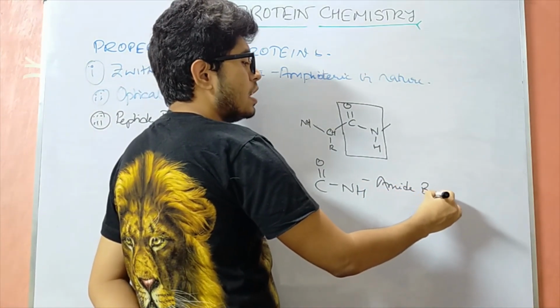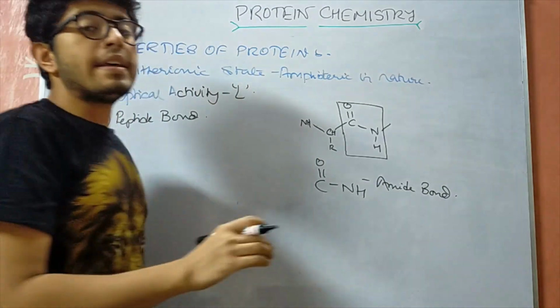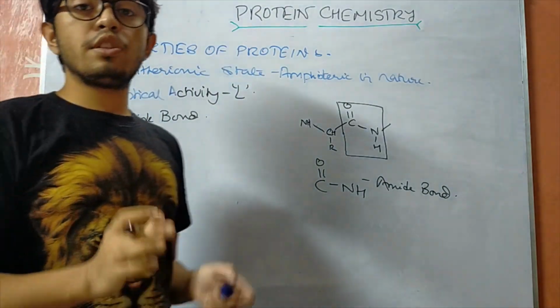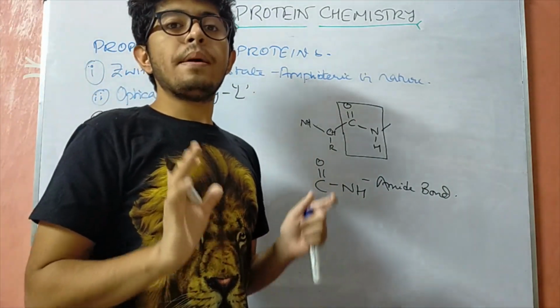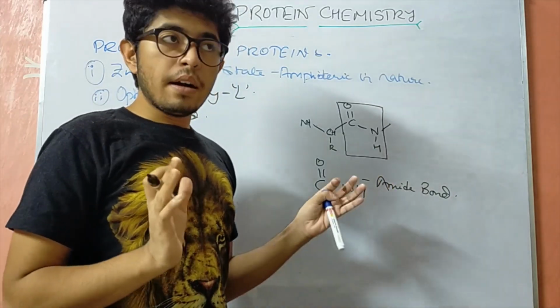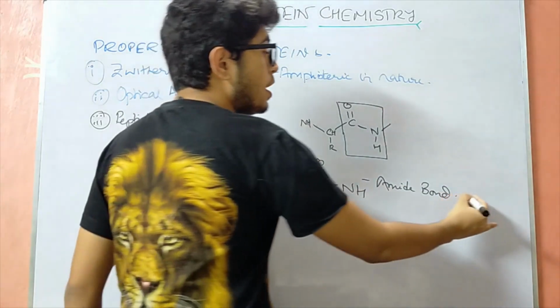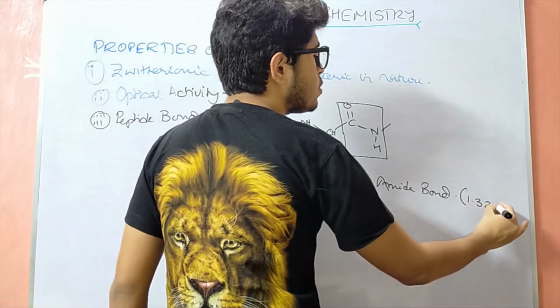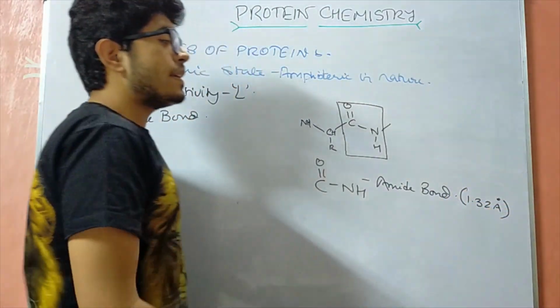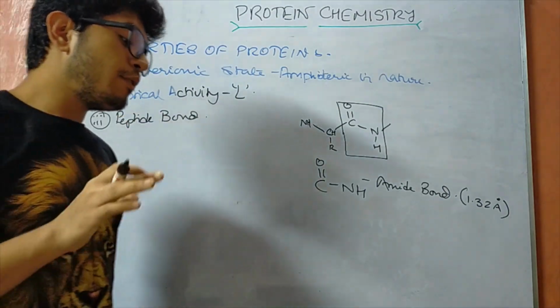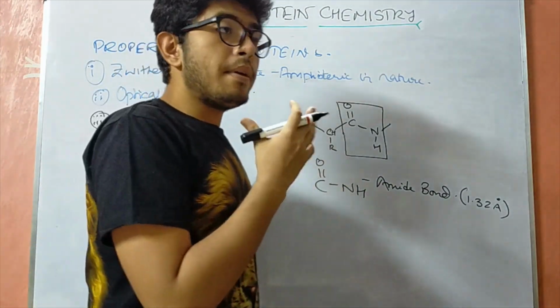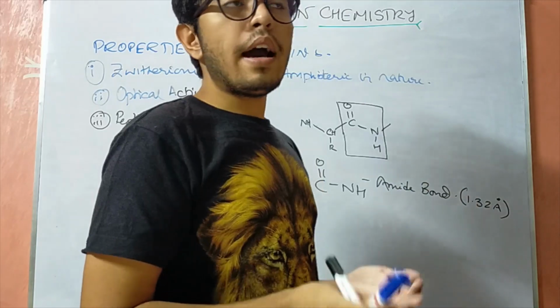It is a partial double bond because it has a bond length which is intermediate between the single bond and the double bond.